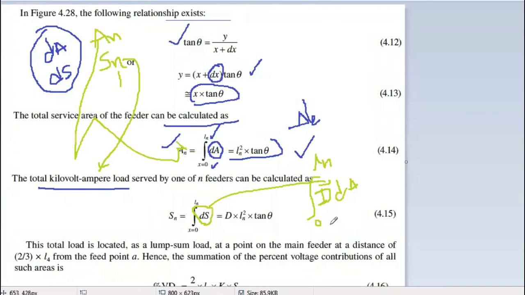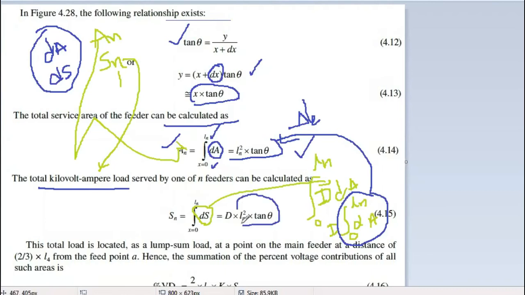So from this we can write in place of the ds, d into dA. Here you can take this d out from the integration. Then we can write 0 to ln dA. Now this 0 to ln dA is nothing but ln square into tan theta. So d, the load density, multiplied by the integration of 0 to ln dA, in place we put ln square tan theta.